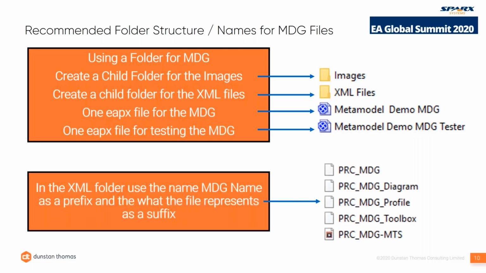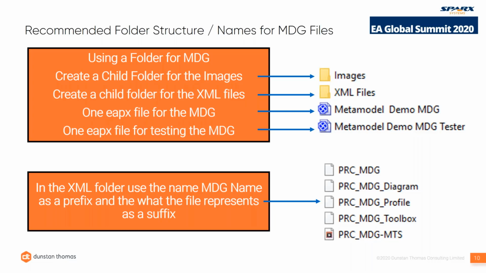Inside the XML folder, this is where I do a nice little trick for myself. I prefix each file name with the name of my MDG. So in the example you see before you, my MDG is PRC_MDG.